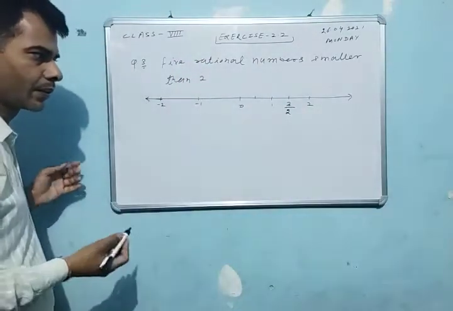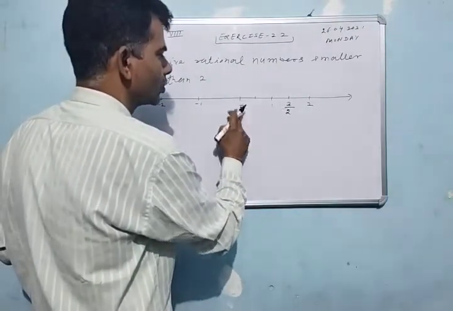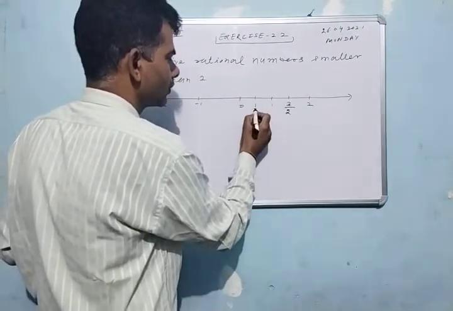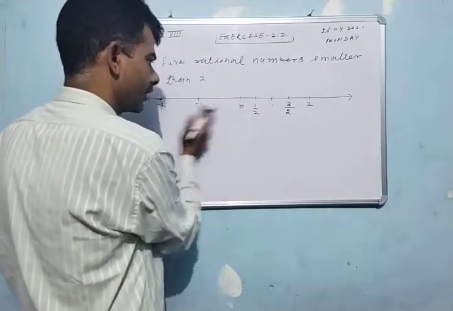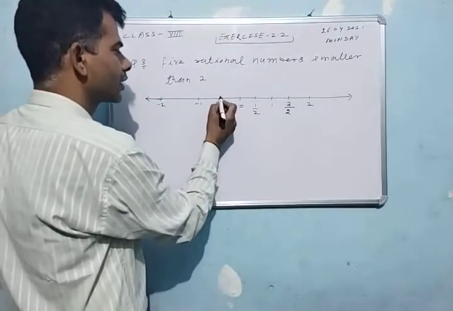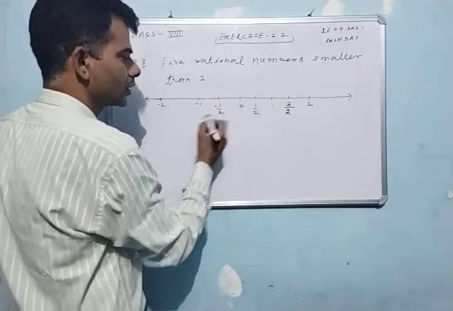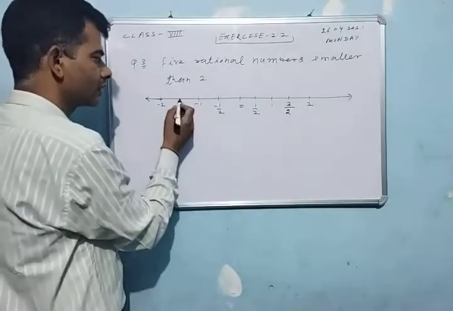And that is 0 to 1, that is 1 by 2. That is 0. And from this it becomes minus 1 by 2. Minus 1.